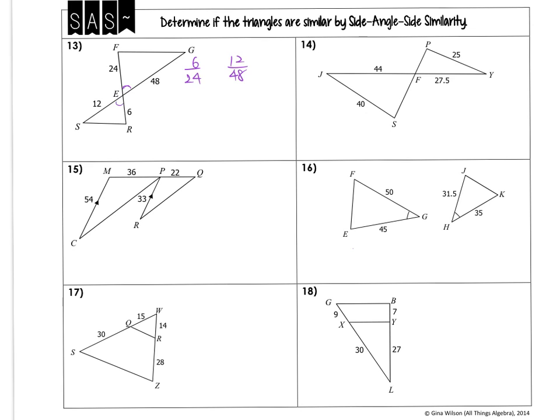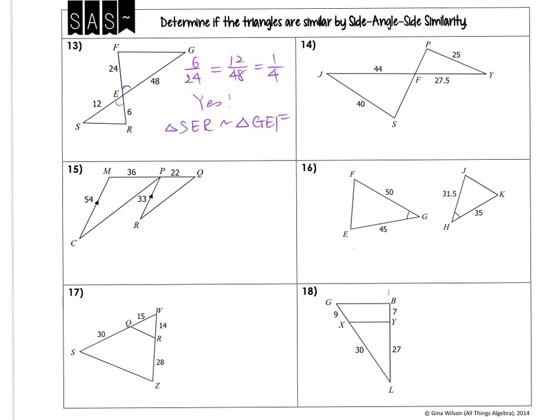So if I simplify it, this would actually be yes, because this would be 1 over 4 for both of them. So these 2 triangles are similar, and that would be triangle SER is similar to triangle GEF.